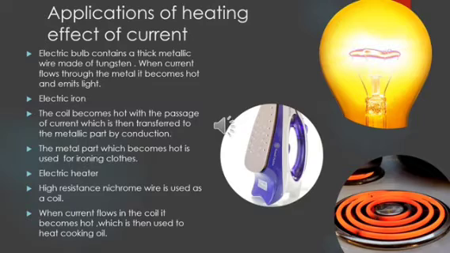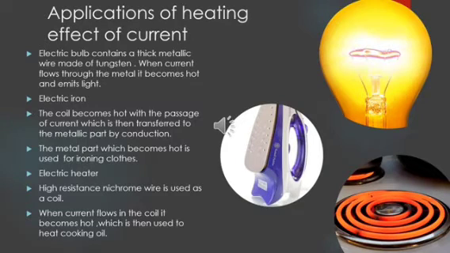The next one is your electric heater, which of course most of you don't use these days. This electric heater is made of nichrome wire, which has very high resistance. Because of this, as current passes through it, that wire becomes hot.